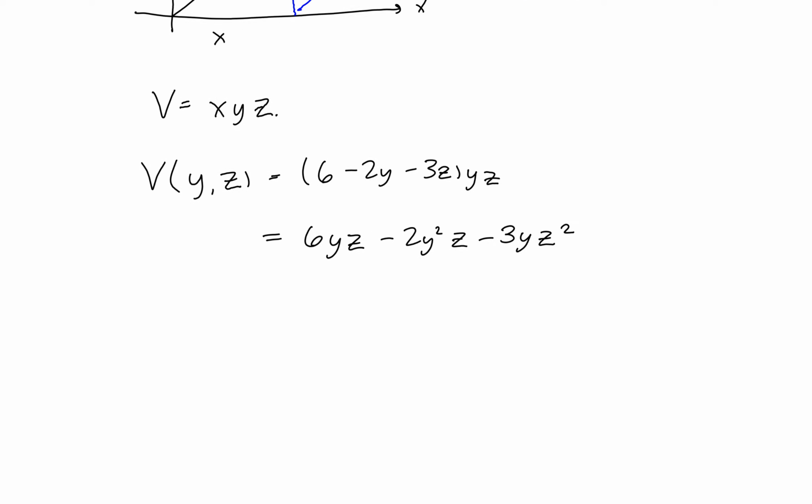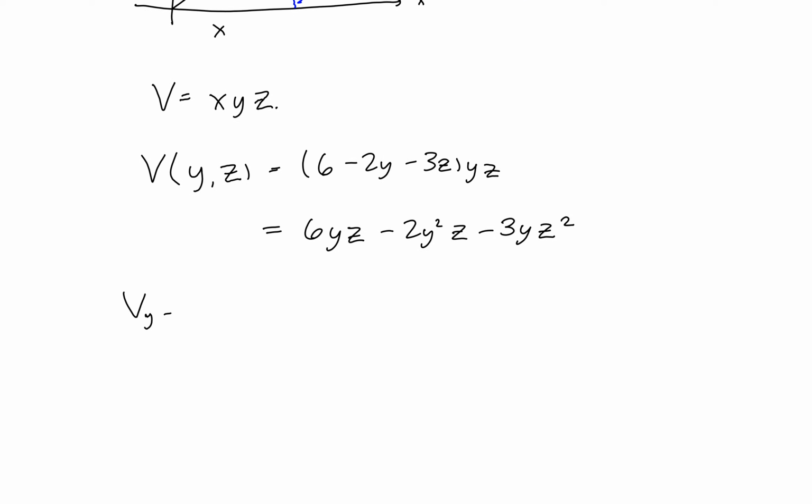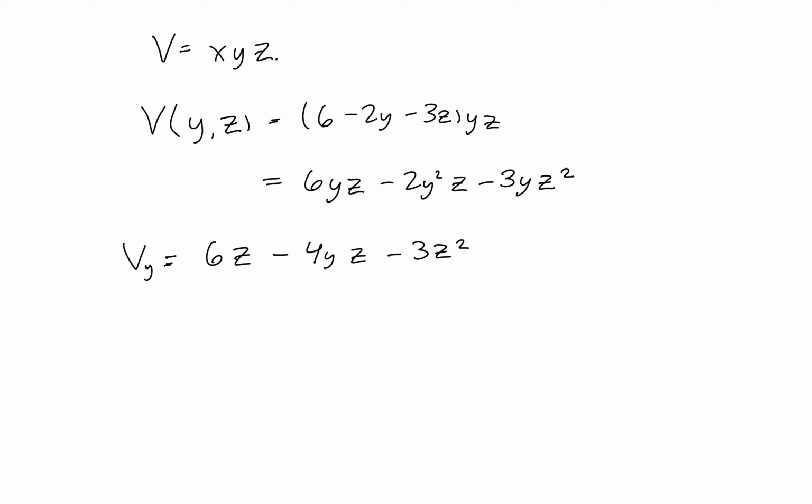So just like we've been doing, we take the partial derivatives. So this is going to be 6z minus 4yz minus 3z squared. And we can factor a z out of this and get 6 minus 4y minus 3z.